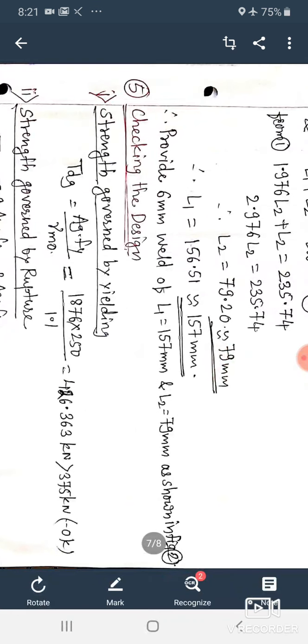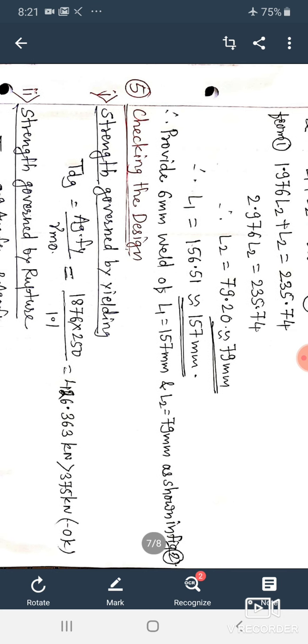Checking the design. Again we will be checking the design in yielding, rupture and block shear. TDG equals AG into Fy upon gamma m0. As I told you, for AG you are supposed to mention the provided section area, not the required one.